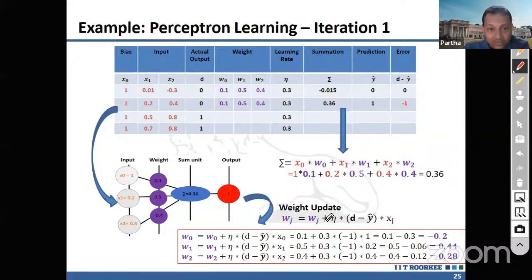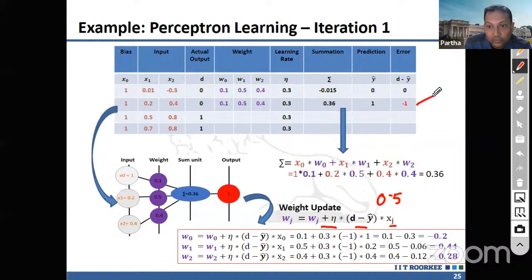Then what is the rule? That's the simple rule. Whatever old value you have, for example, if you have this W0 as 0.5, I will modify it with a scaling factor times the feature values, and then D minus Y. D minus Y is either 0, plus 1, or minus 1. This modification is done for all the weights.